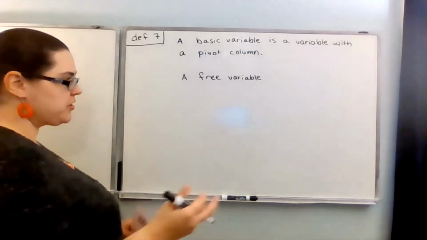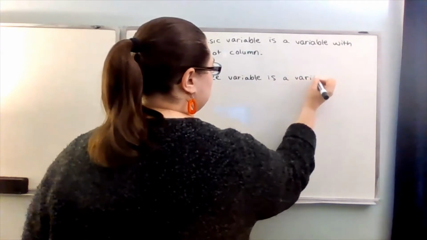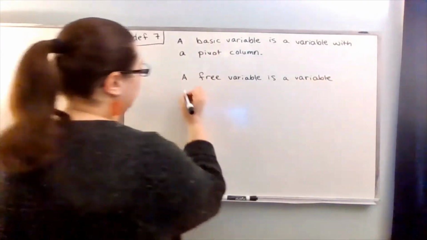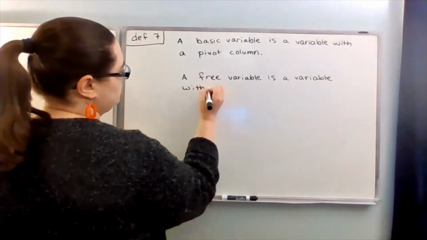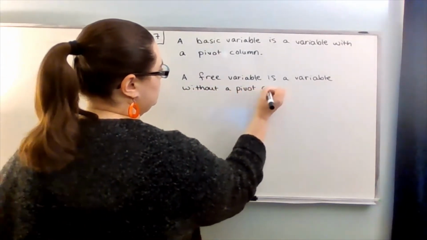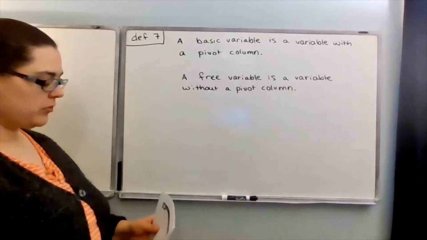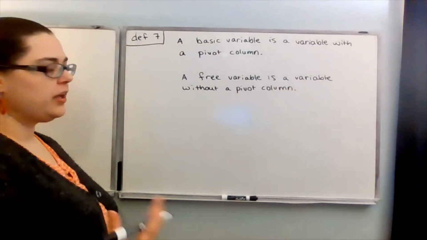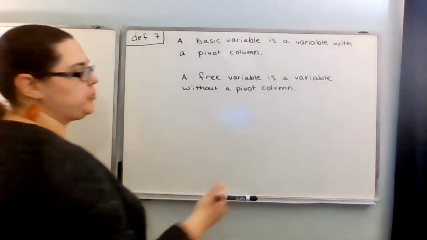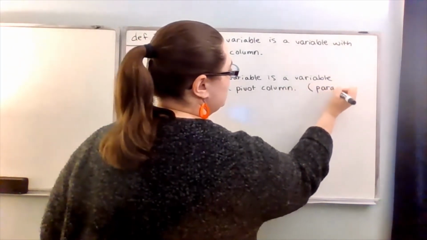So a free variable is a variable without a pivot column. And we can think of the free variables as the ones that are going to end up being parameters.